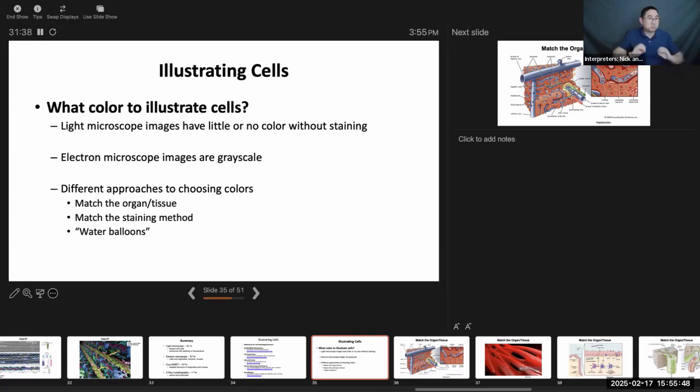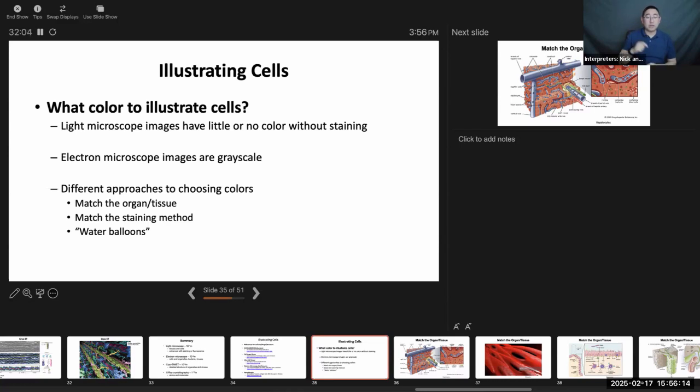Remember that light microscope images have virtually no color. They're basically transparent, thin cross sections. The only way you can see anything on a light microscope image typically is with either a stain or with fluorescence, in which case you're seeing the color of the stain or you're seeing the color of the fluorophore, but you're not necessarily seeing the color of the cells themselves.